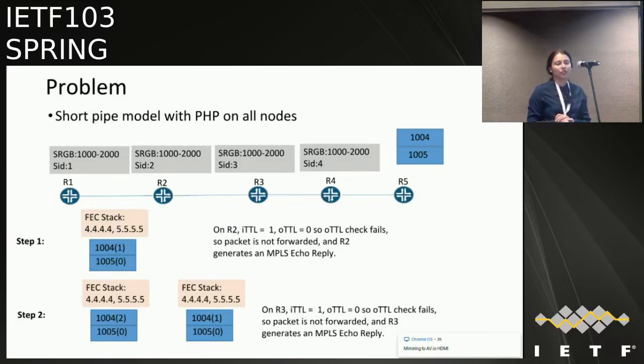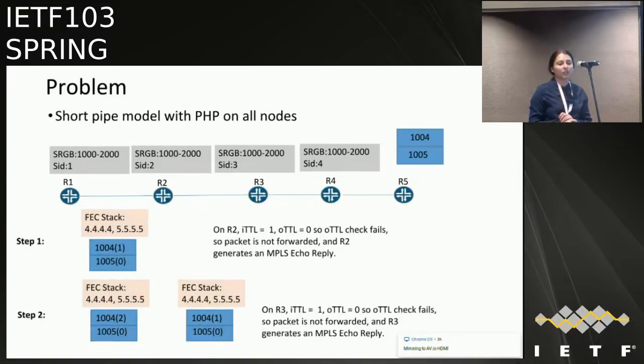According to RFC 8287, you have to have the tunnel that you're tracing, the TTL moves from 1, to 2, and then 3, 4, and so on, and the bottom labels are all set to 0. So let's start with the top label 1004, which has TTL 1, and the bottom label has a TTL of 0.